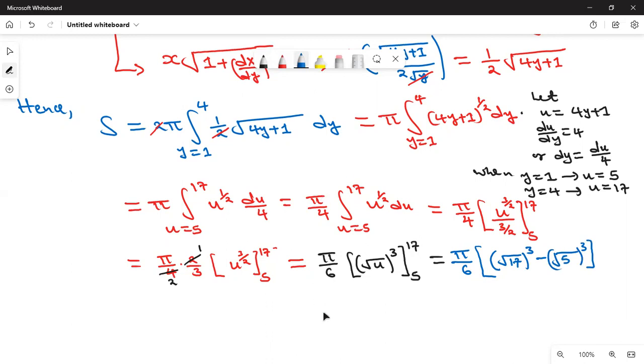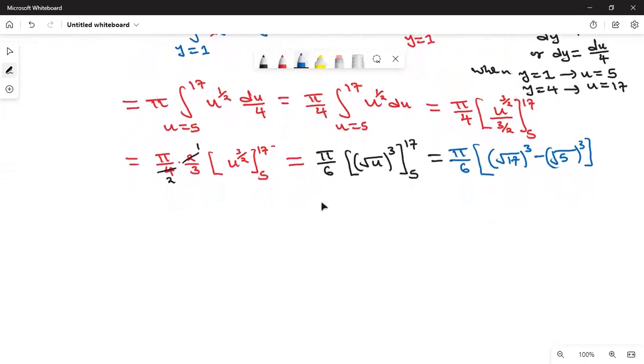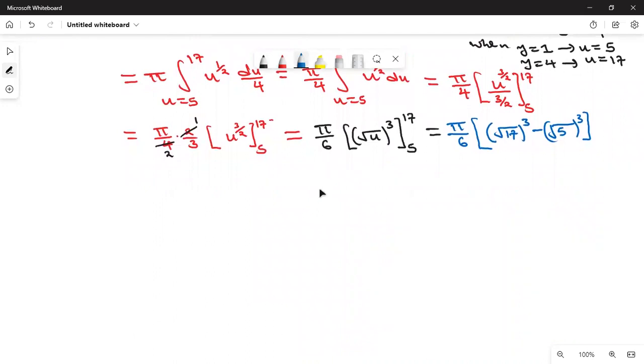What is root 17 cubed? It's the same as root 17 squared times root 17. Take note that when you write root 17 cubed, it's the same as 17 times root 17. If you write root 5 cubed, it is the same as 5 root 5.